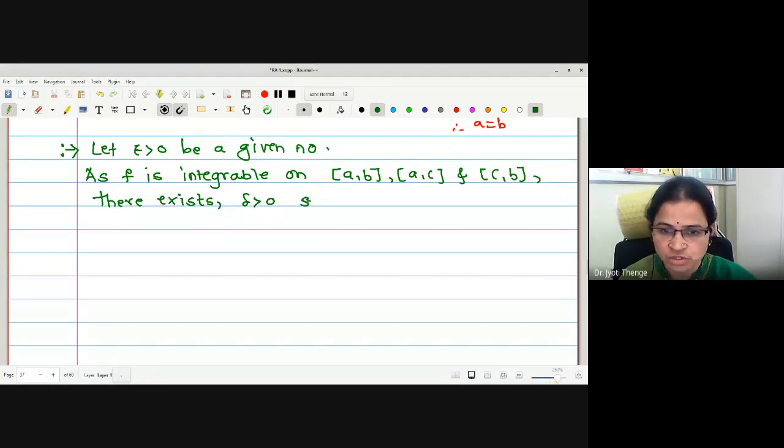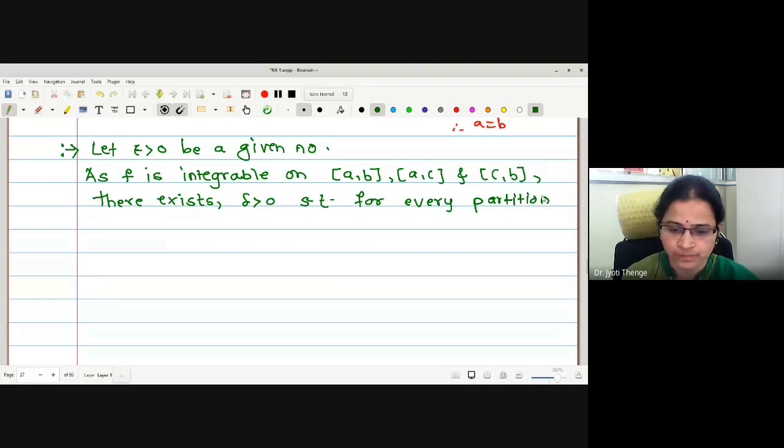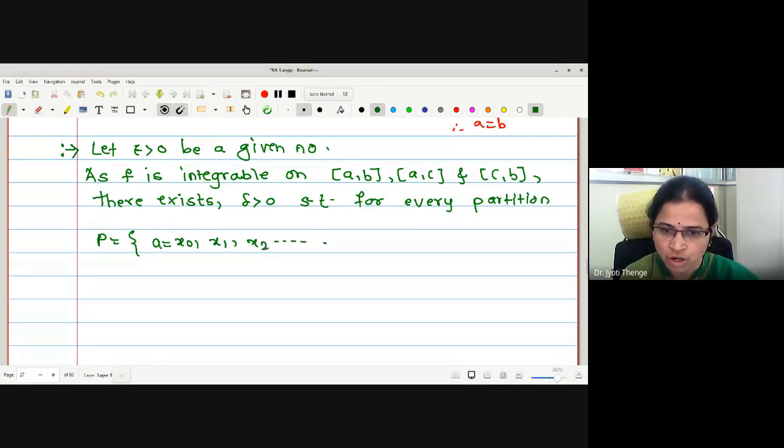Delta greater than 0 such that for every partition P, a is equal to x0, x1, x2, and so on up to xn is equal to b, containing the point C.